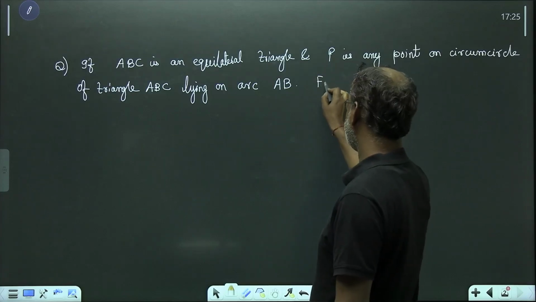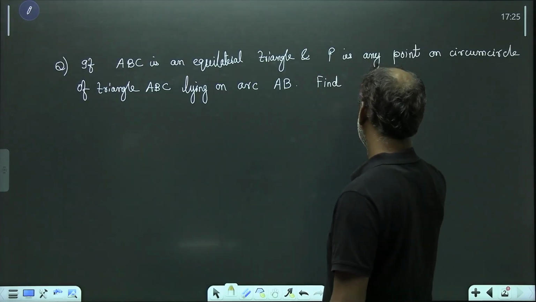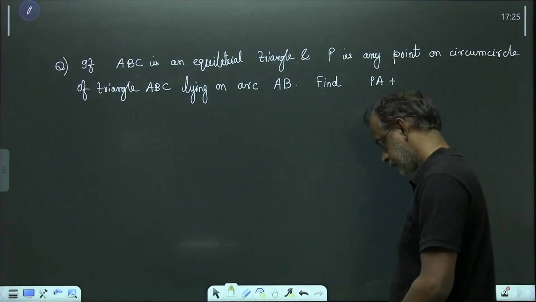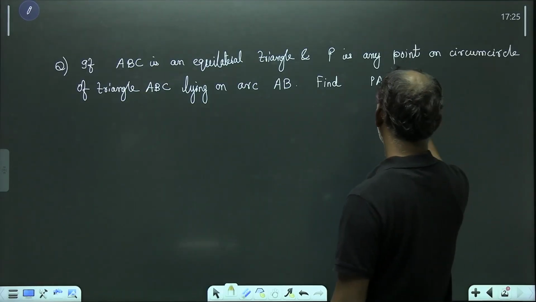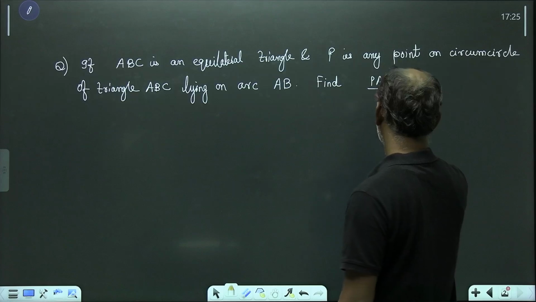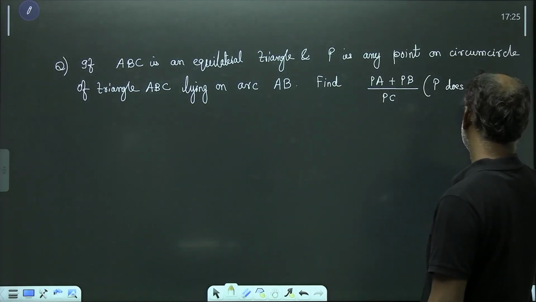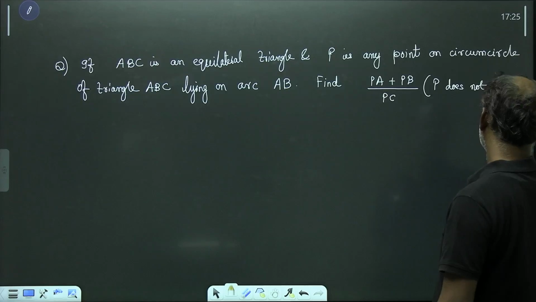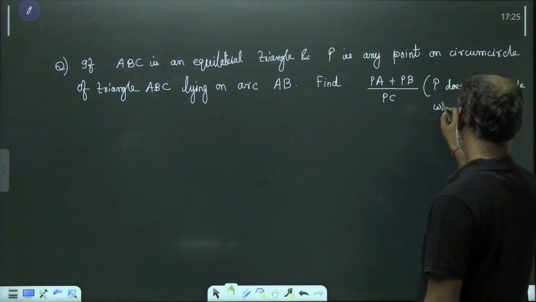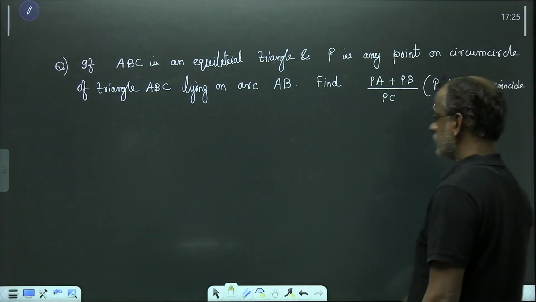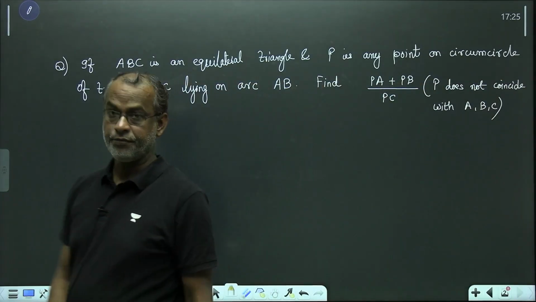Find, let me make it a numerical problem, find (PA + PB) upon PC. P does not coincide with A, B, C. Okay.